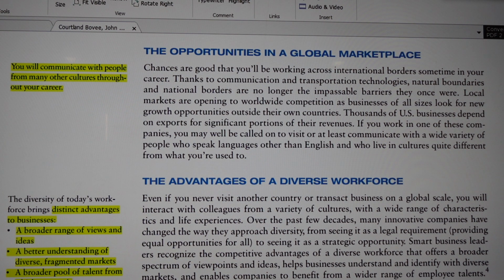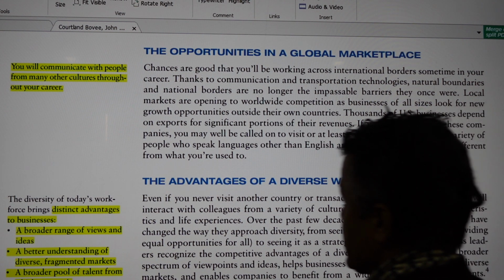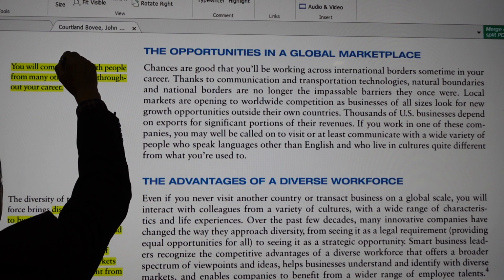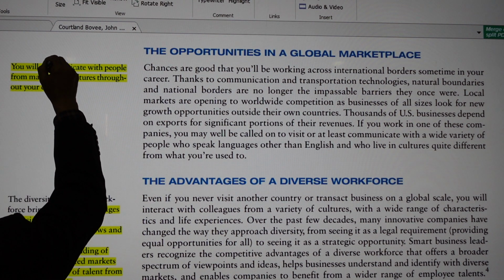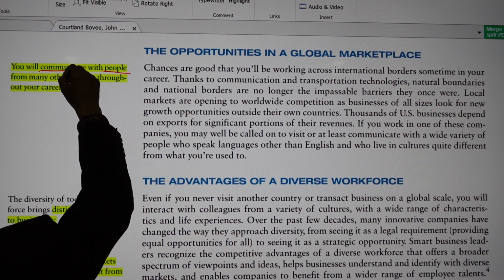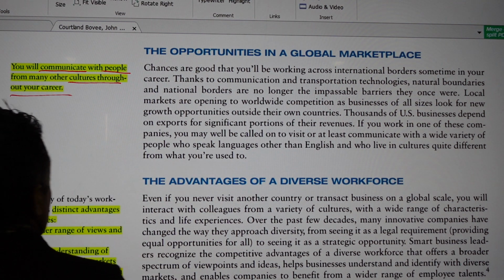So, when you go global in business, when you go multinational, the advantage is that you will be able to communicate with people from different cultures through your career.